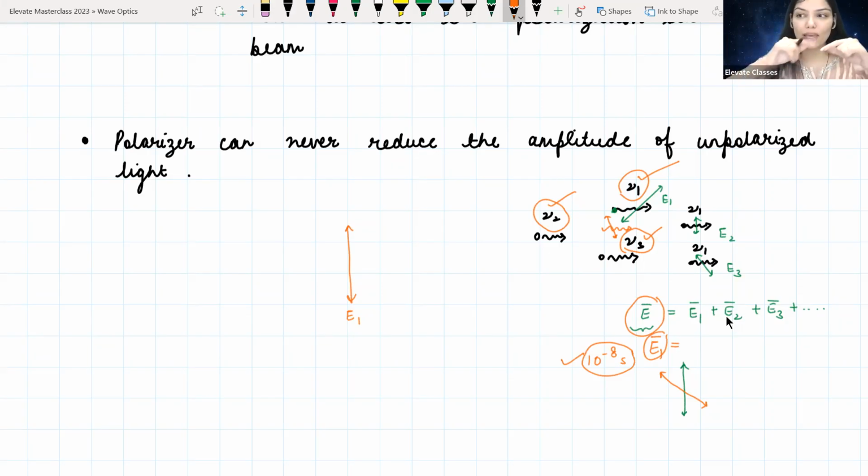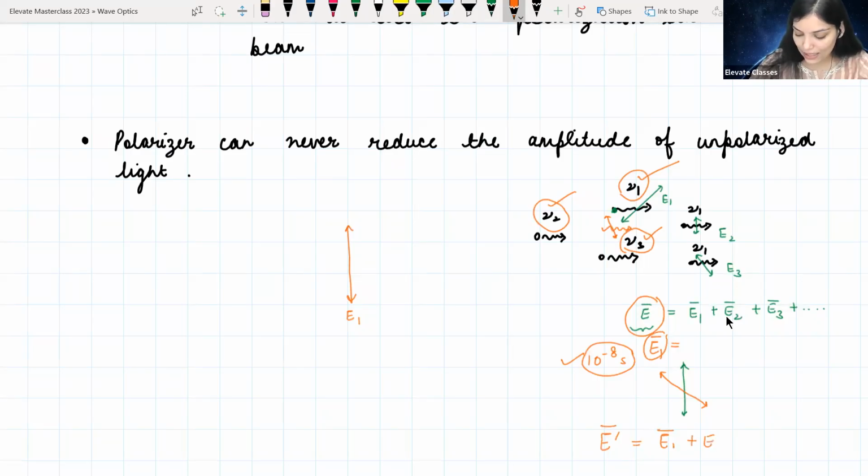This wave train is sustained only for a very small amount of time. The atom will undergo certain changes, and then it will again release a different wave train with a slightly different orientation of the electric field. Then I will again do the summation of all these new fields, not E2, I mean E dash, at some new time.